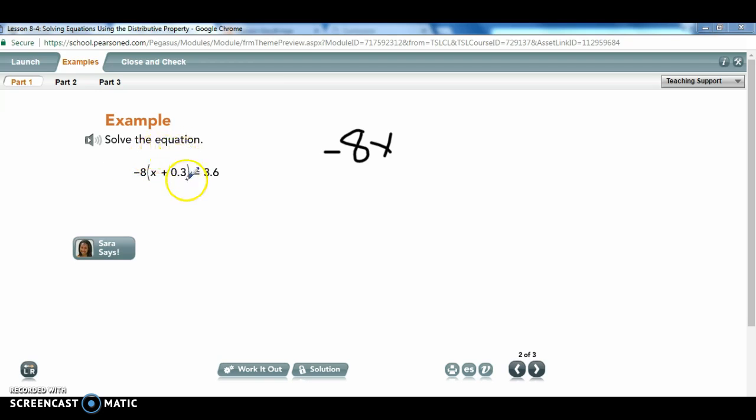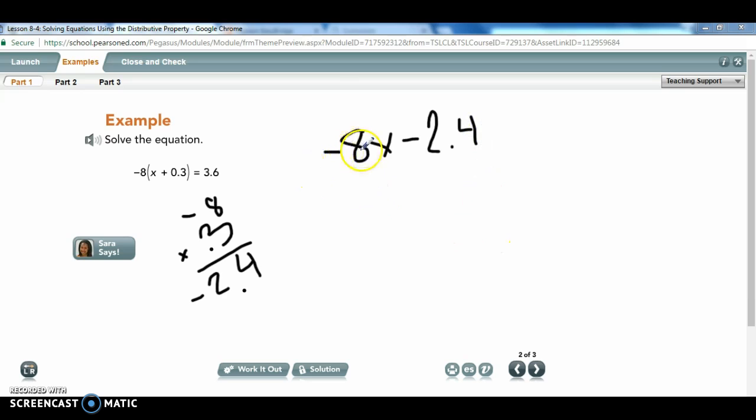Negative 8 times 3/10. Eight times 3 is 24, and we move that decimal point over 1. A negative times a positive is a negative. So I know that I'm adding negative 2.4, or I'm subtracting 2.4.